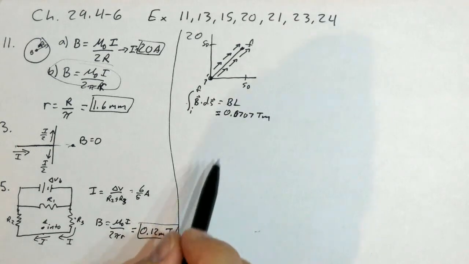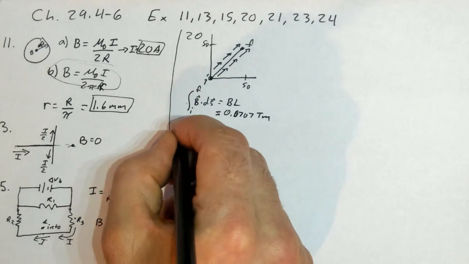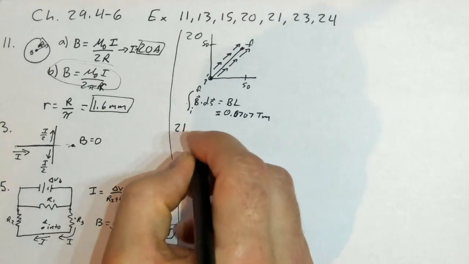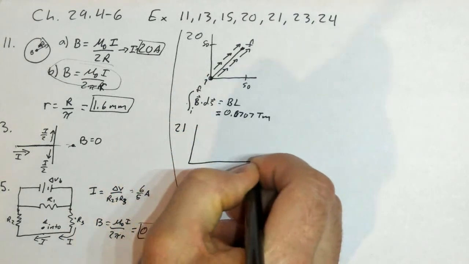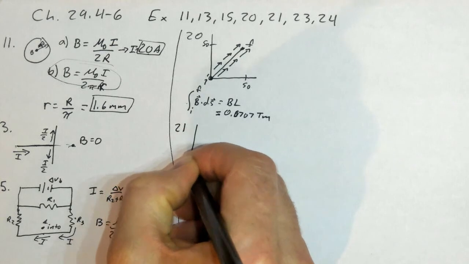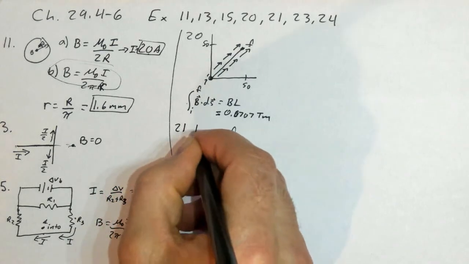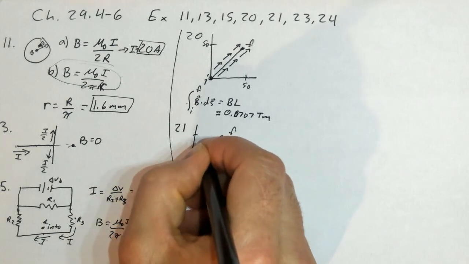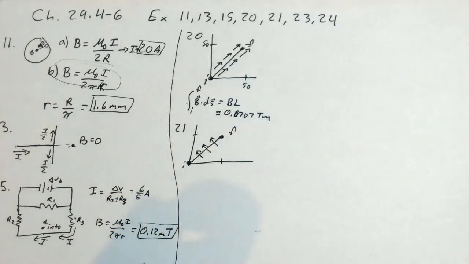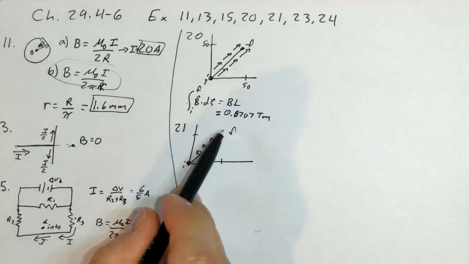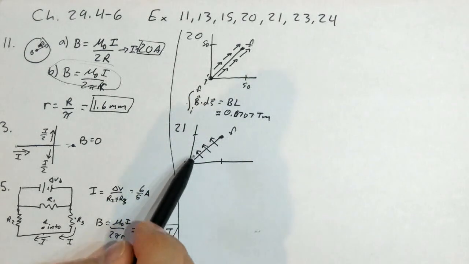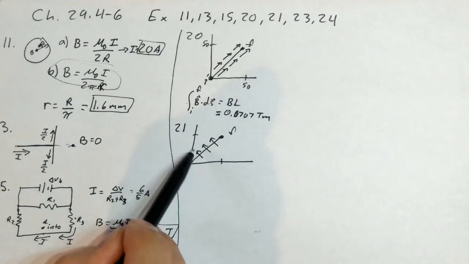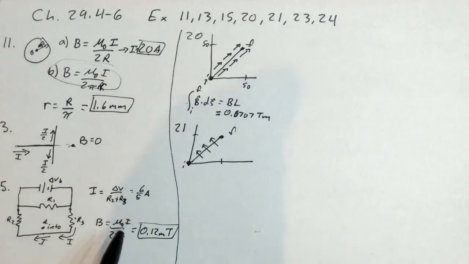Okay, so going further now, let's do number 21 and apply the same ideas. Okay, in this case, the same path, exactly same path, only now we're in a region of space where the magnetic field is pointing perpendicular to the path.